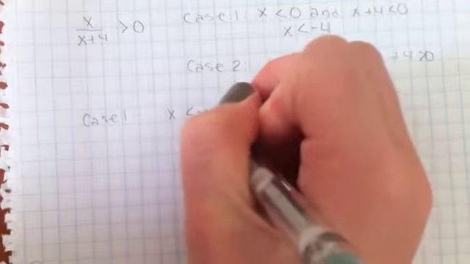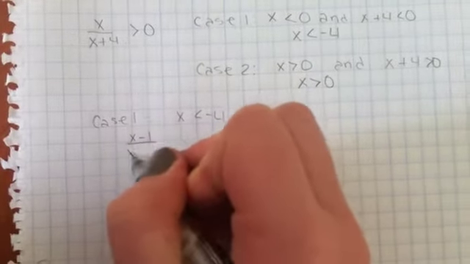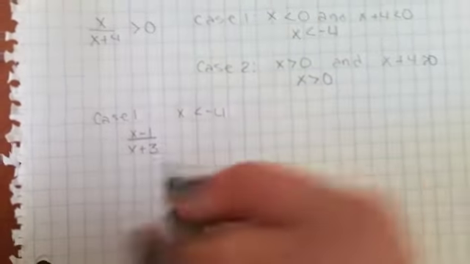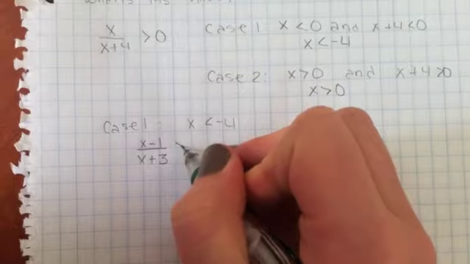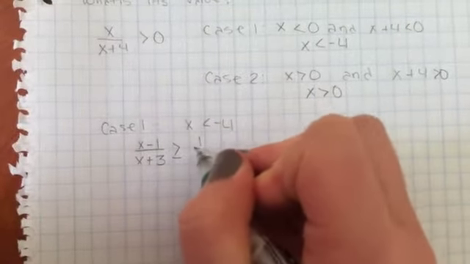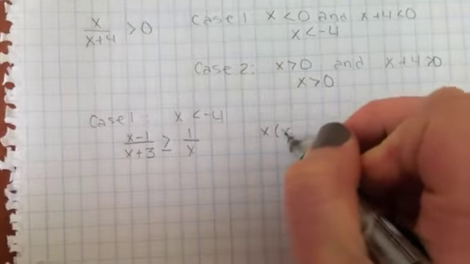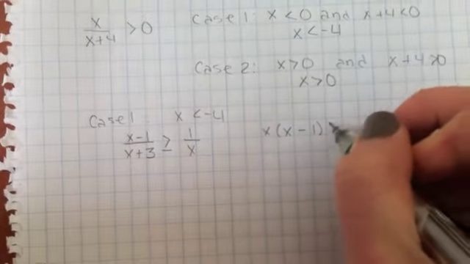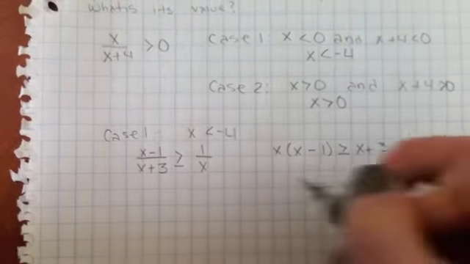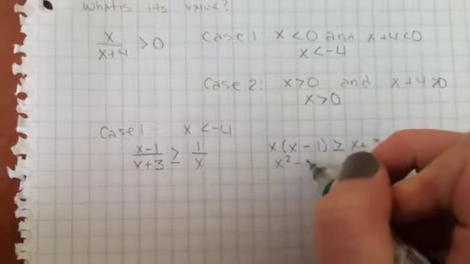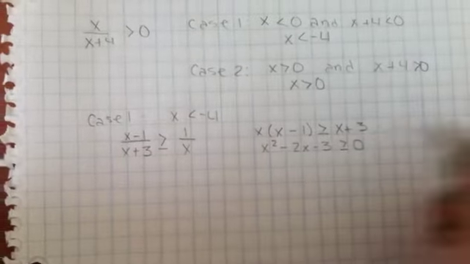So case 1, x is less than negative 4, x minus 1 over x plus 3, because now you use the problem that you're using to find before, and you cross multiply, so x times x minus 1 is greater than or equal to x plus 3. And that is x squared minus 2x minus 3 is greater than or equal to 0.